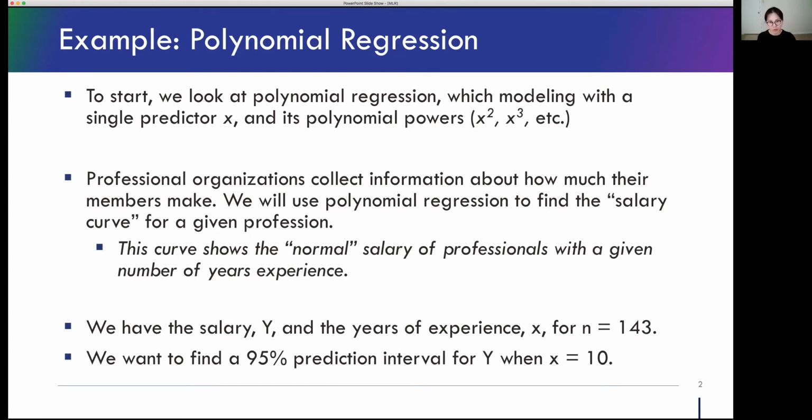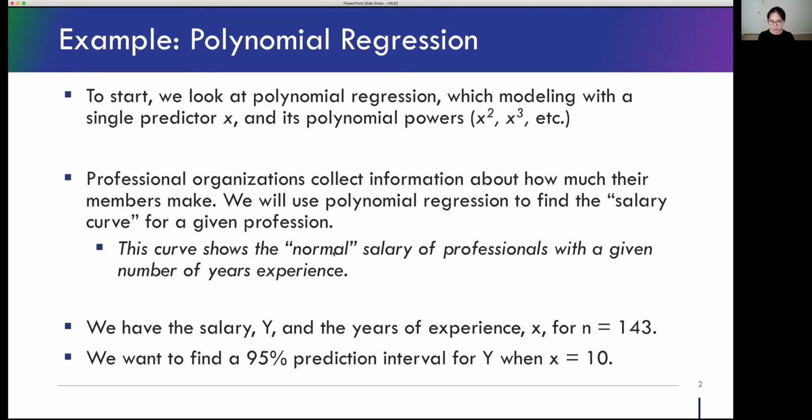We also call it polynomial regression here. As I said, we model with a single predictor x and its polynomial powers like x squared and x cubed, etc.